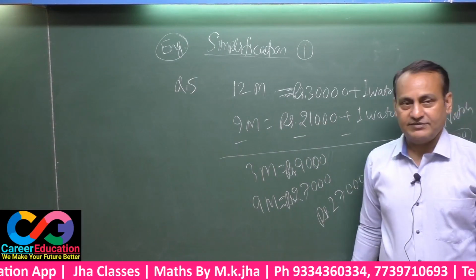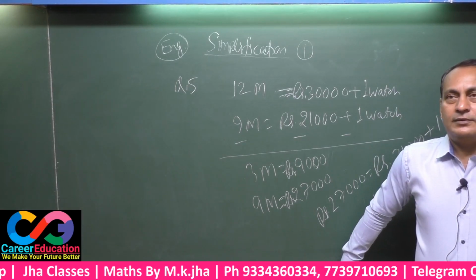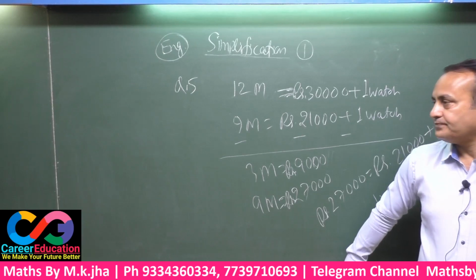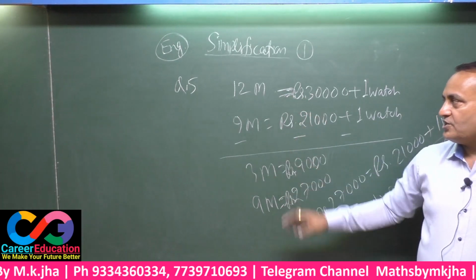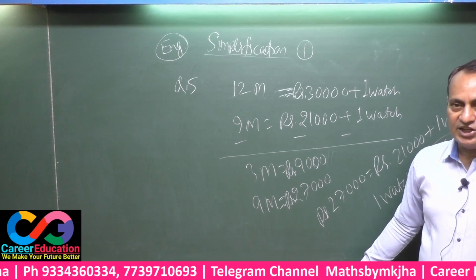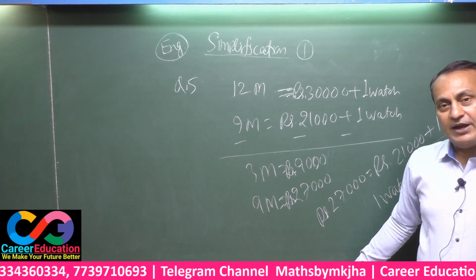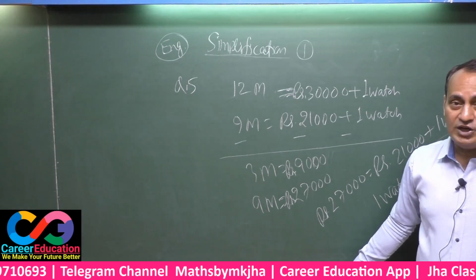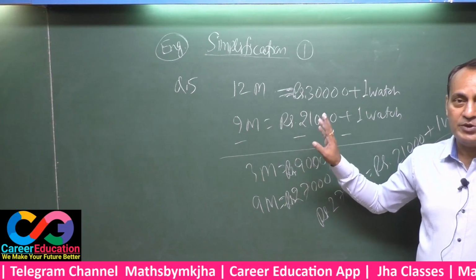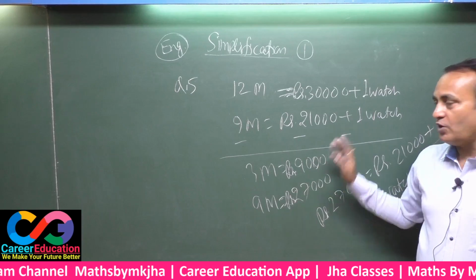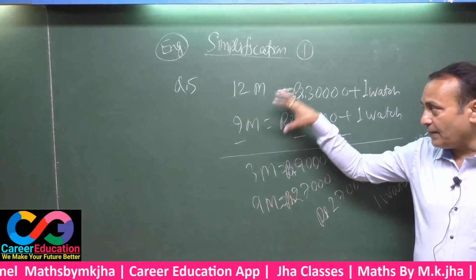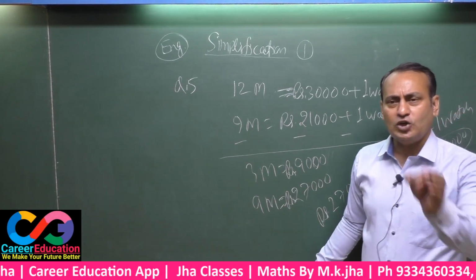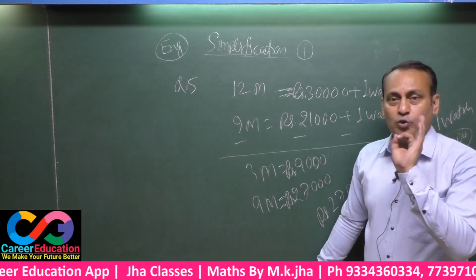Question number 5. See, for 12 months the payment was rupees 30,000 plus 1 watch. He remained absent for 3 months. That means he remained present there for 9 months only. For 9 months he was paid only rupees 21,000 plus 1 watch, the same watch. That means after subtraction 3 months equals only rupees 9,000.